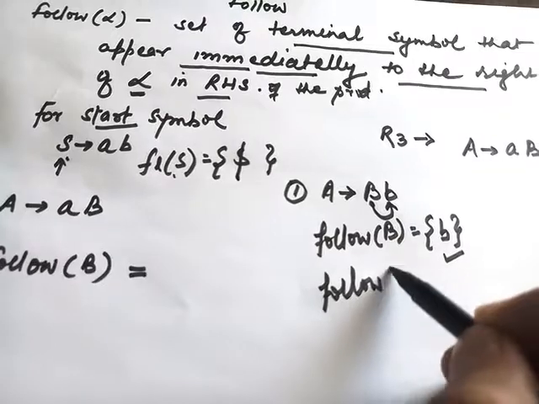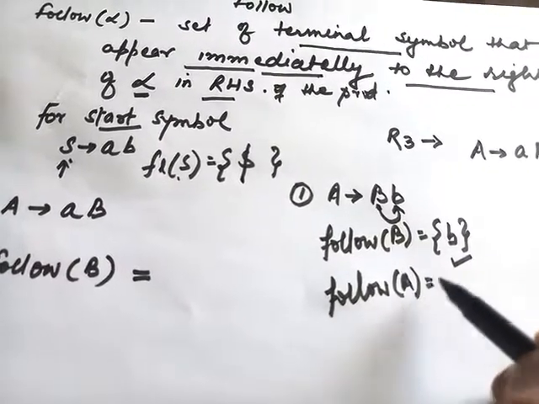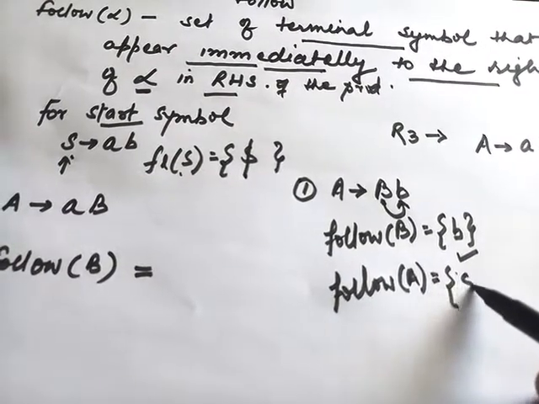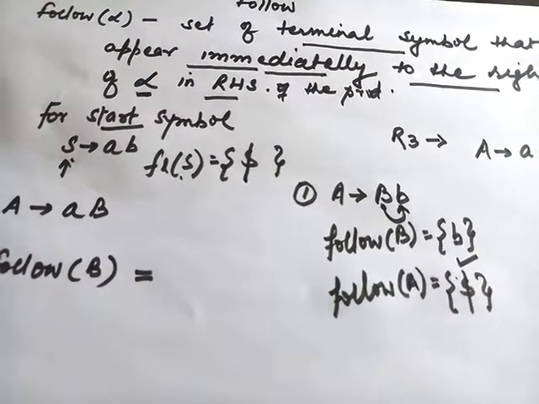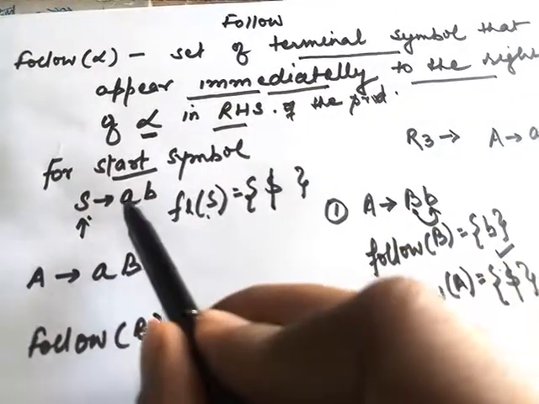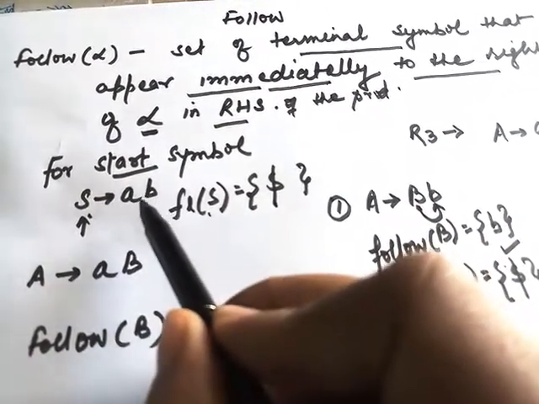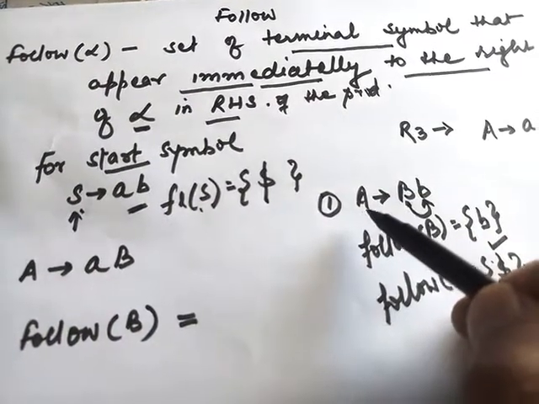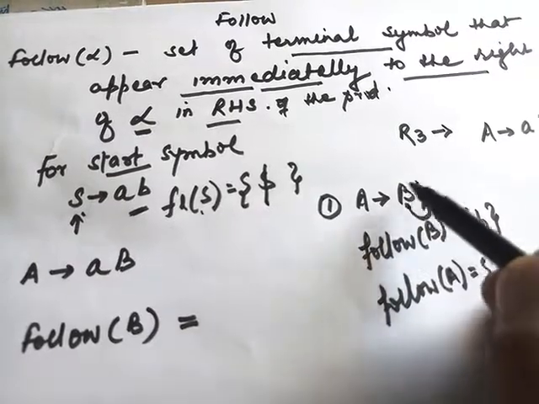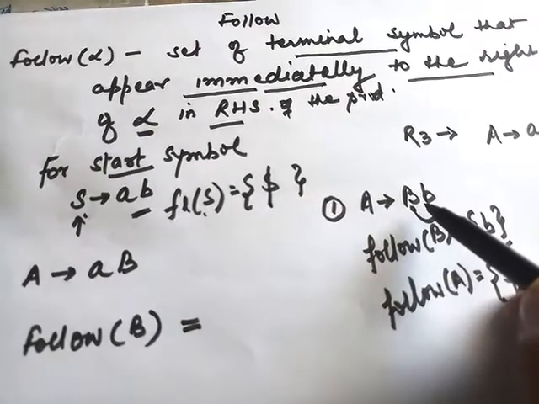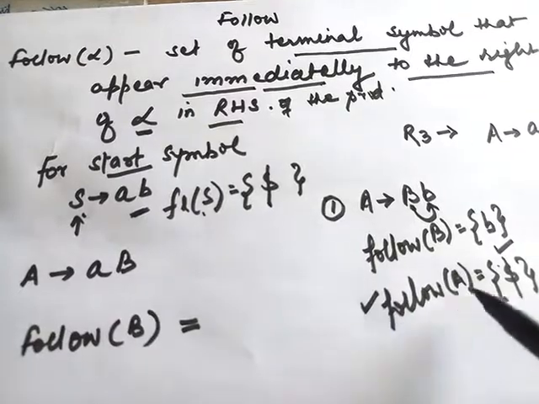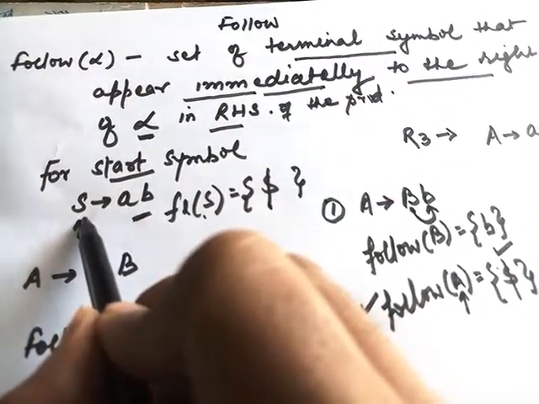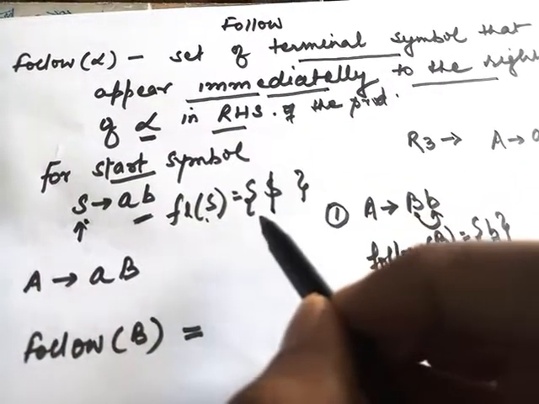Since A is a start symbol, the follow of A is dollar. And then we have to see whether there is an S on the right hand side or not. In this case there is no S on the right hand side. Here also the starting symbol is A and A is not present on the right hand side of a production. So at this level you can say the follow of starting symbol A is dollar, the follow of starting symbol S is dollar. This is the first rule.